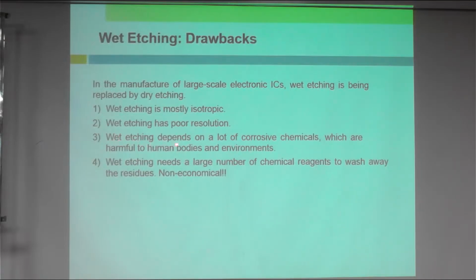It depends on a lot of corrosive chemicals, which are harmful to human bodies and the environment, so we have to wear PPE in the clean room. Wet etching needs a large amount of chemical reagent to wash away the residues, so it is considered not economical.